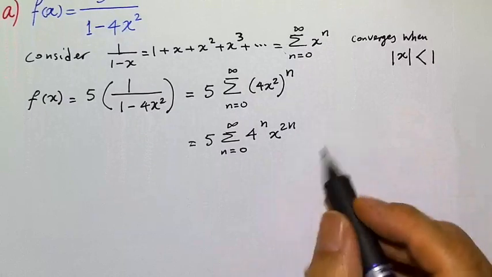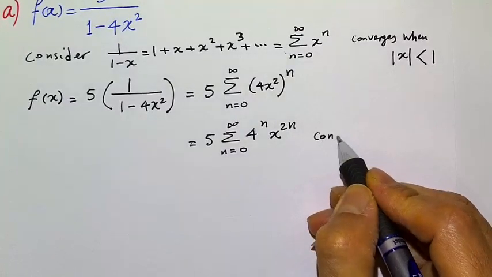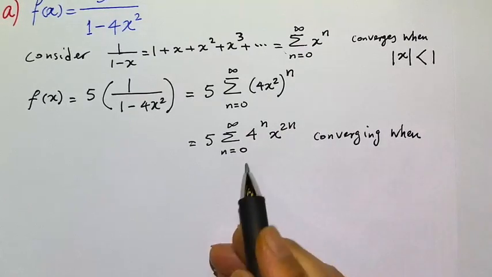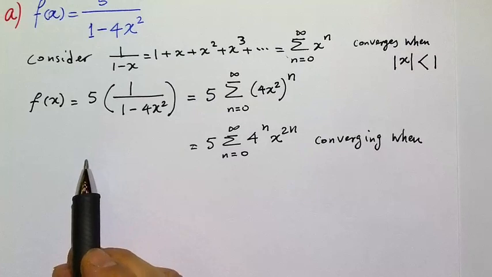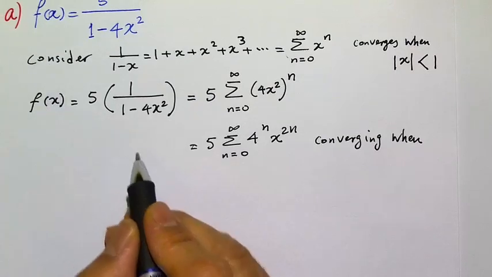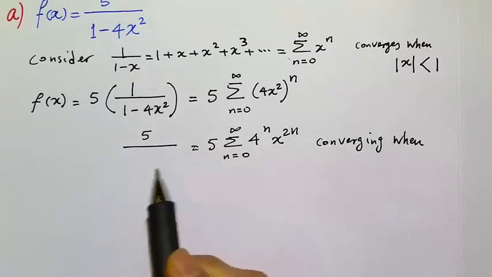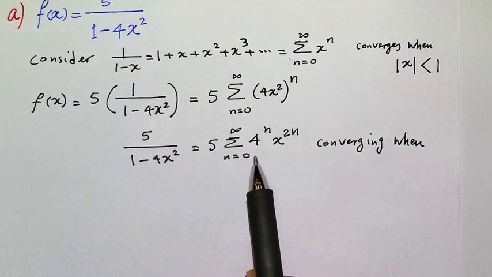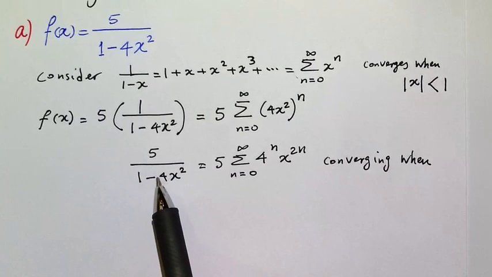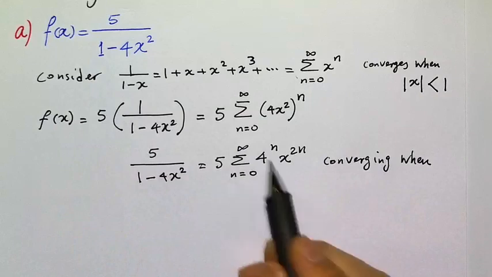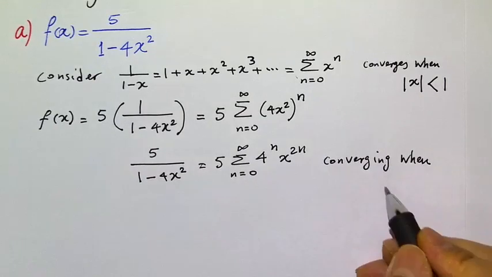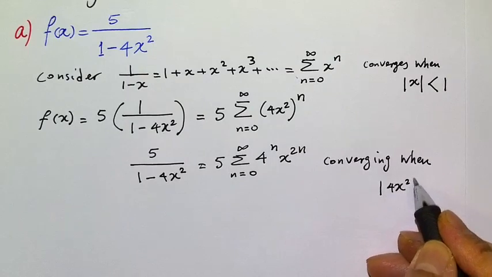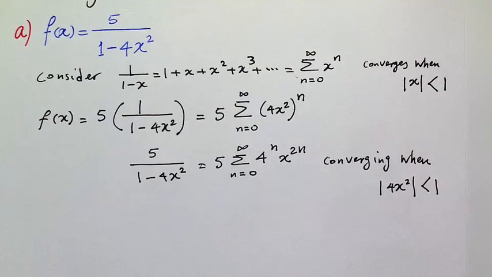So let's write that down, converging. So this power series represents 5 over 1 minus 4x squared, the function which we started with here, and this power series converges when absolute value of 4x squared is less than 1, right?